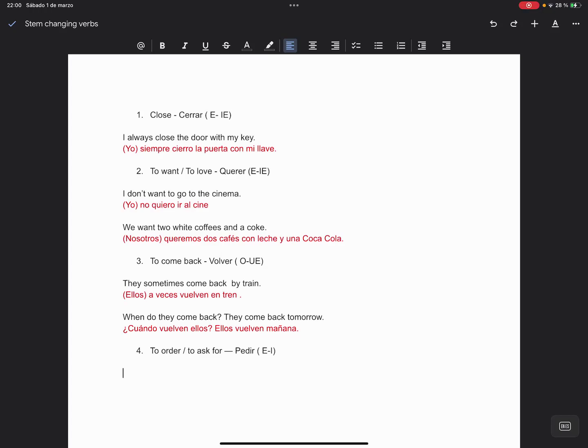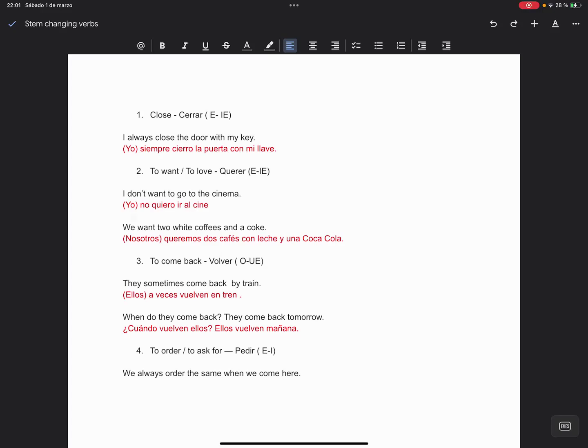Oh, that wouldn't be conjugated. Let me think of a different example. Okay. We always order the same when we come here.